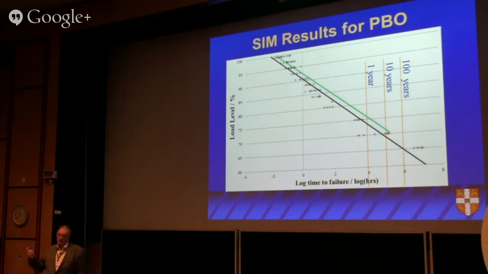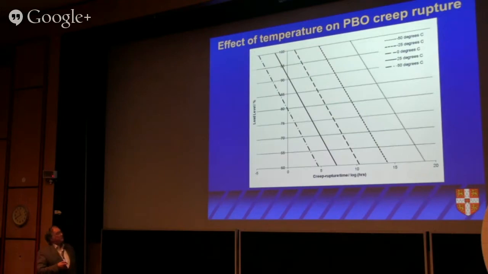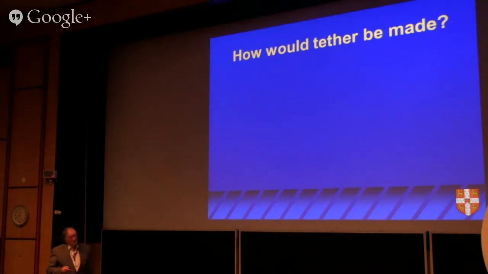And that's good enough. It's not perfect, but it's good enough. We also can predict the temperature sensitivity of it, and that's important because this line here, which is the lifetime against stress, would apply to the stuff that's up there, where it's very cold, whereas the curves down here would apply to the bit that's close to the Earth's surface.